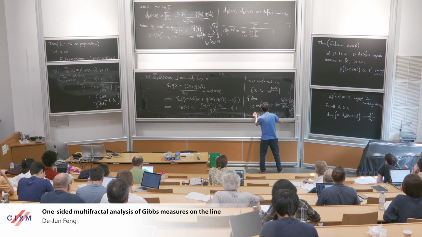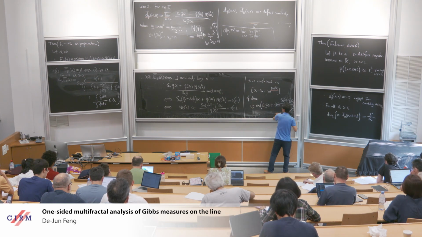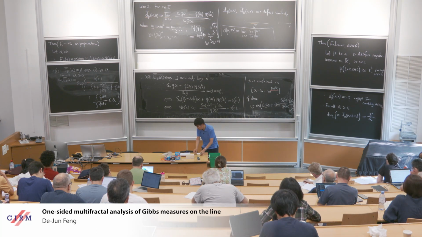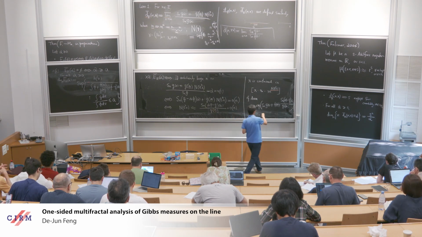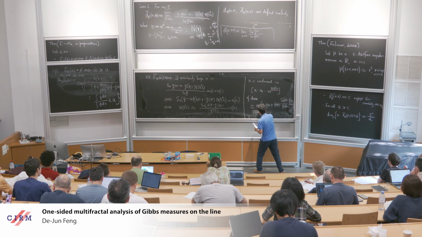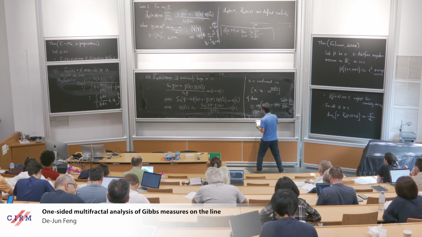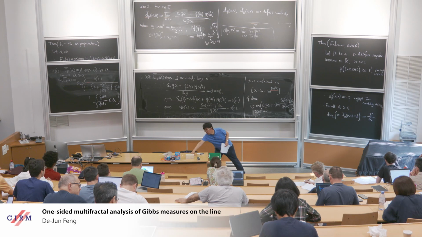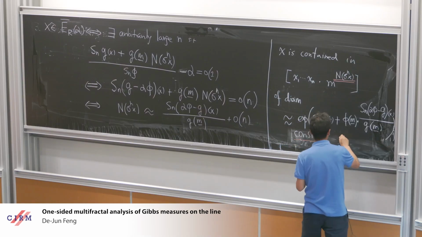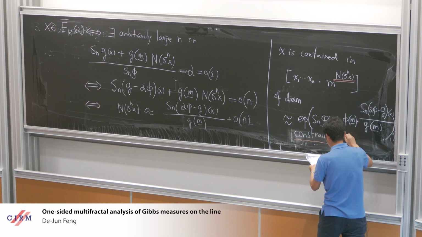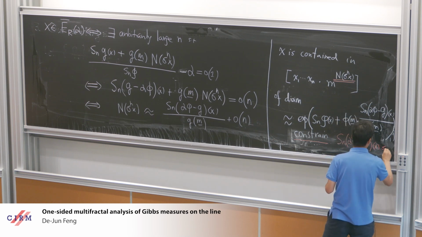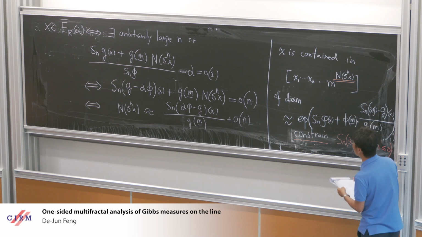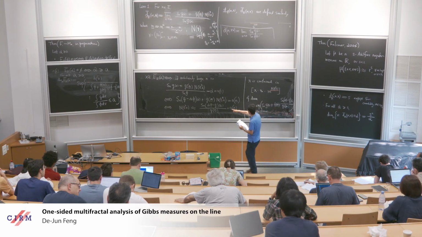The cylinder here should satisfy an additional assumption, a constraint: S_n (alpha phi minus g)(x) less than or equal to 0. Okay.